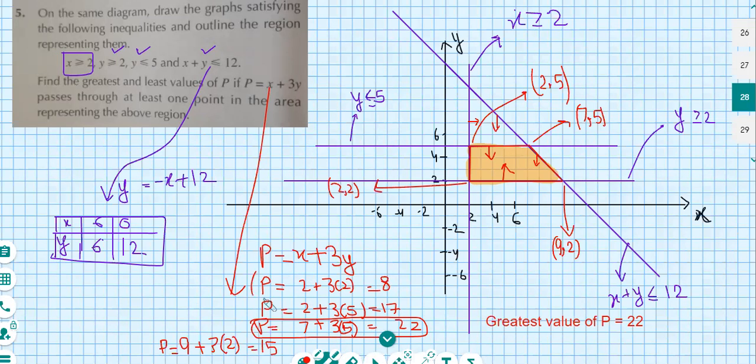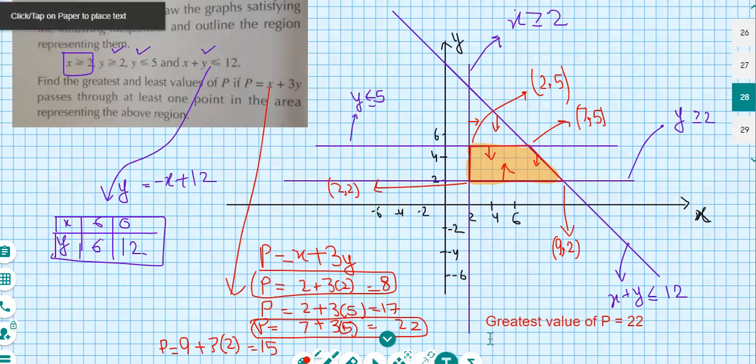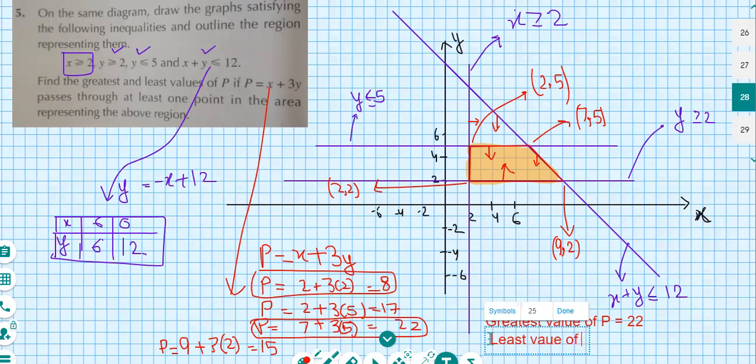So you can see that this generates the least answer. So right here, least value of P equal to 8. All right, these are the answers. Least value of P is 8.